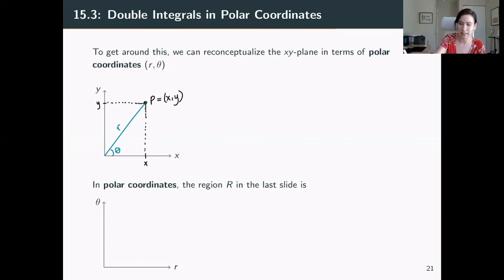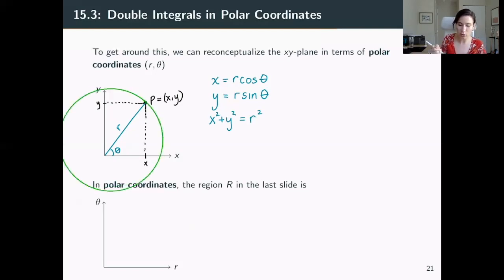and by the angle theta for which we take that line and length away from the x-axis. So instead, what we end up getting is that our value of x is going to be equal to r cosine of theta. Our y is going to be equal to r sine of theta. We also know that x squared plus y squared is going to be equal to r squared, since this point is going to be on the circle of radius r.